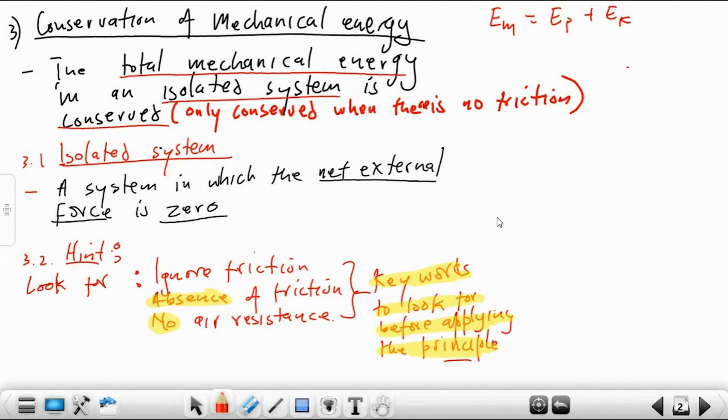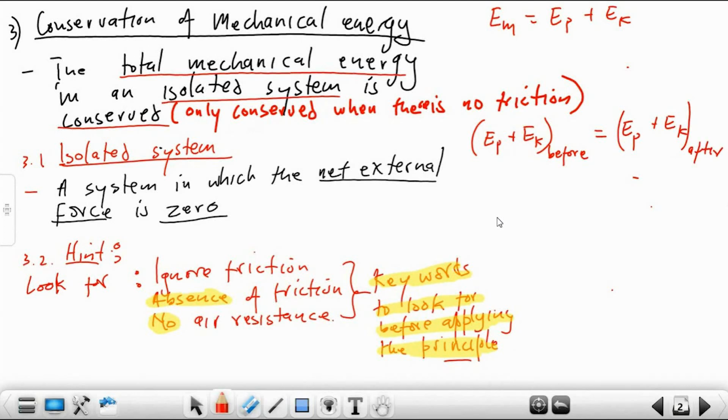So we are going to take the same equation: EP plus EK before should be equal to EP plus EK after.